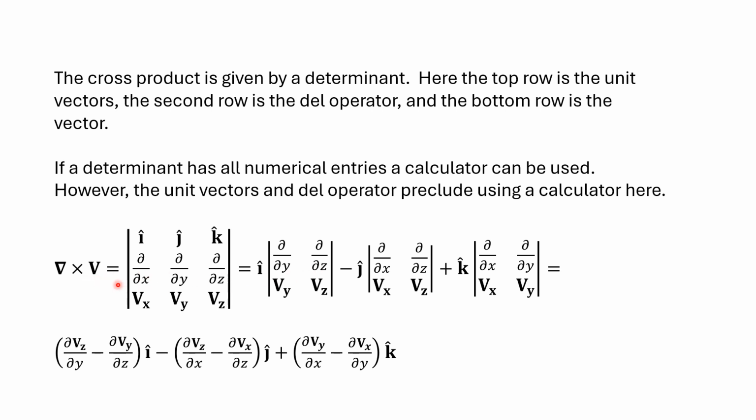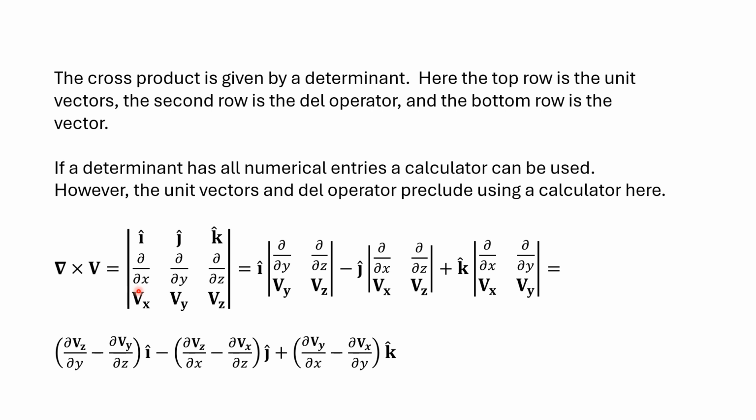The way we do that is with a determinant. So we need three rows. We take the three unit vectors, i, j, and k, representing the unit vectors in the x, y, and z directions.